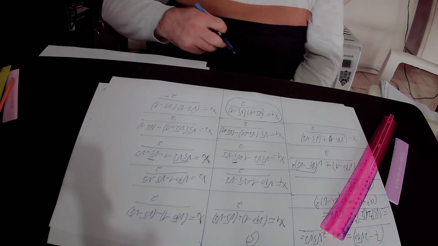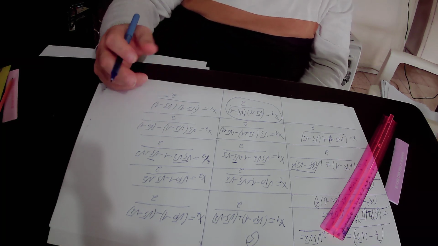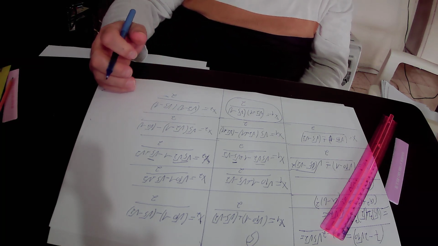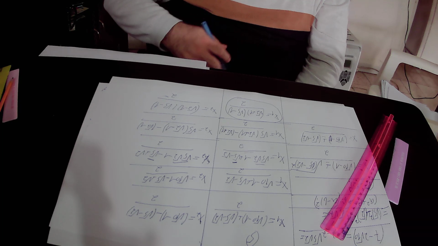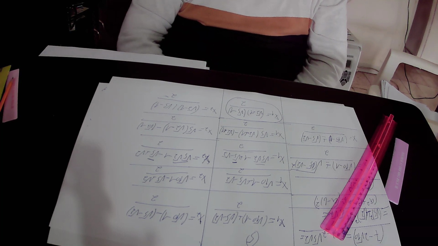Okay, so we found out that x2 equals square root of 2 minus 1 times square root of 5 minus 1 over 2.